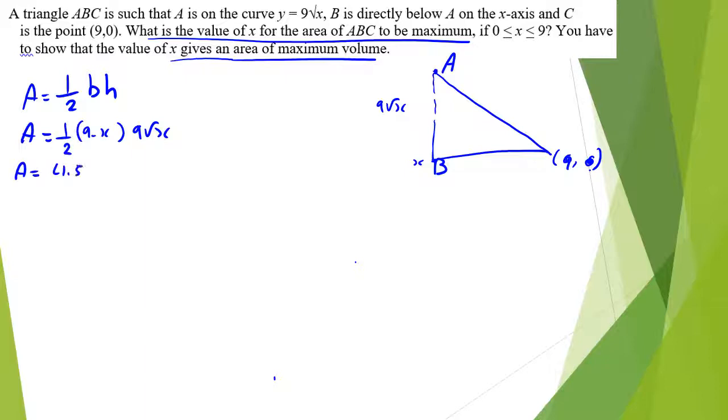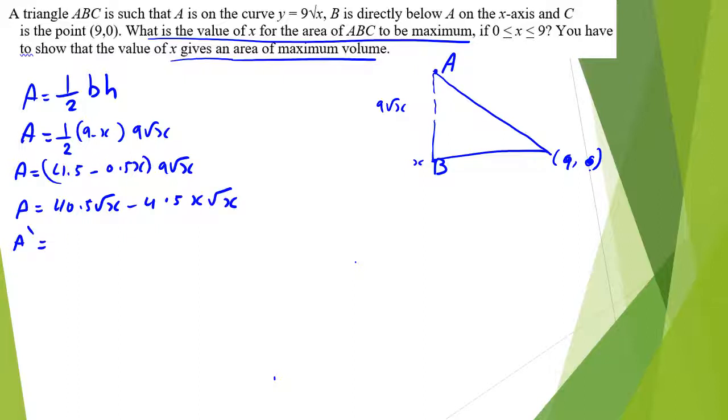Simplify this further, and keep simplifying. I haven't differentiated anything yet, I'm just trying to simplify everything. So it's 40.5 square root of x minus 4.5 x square root of x.